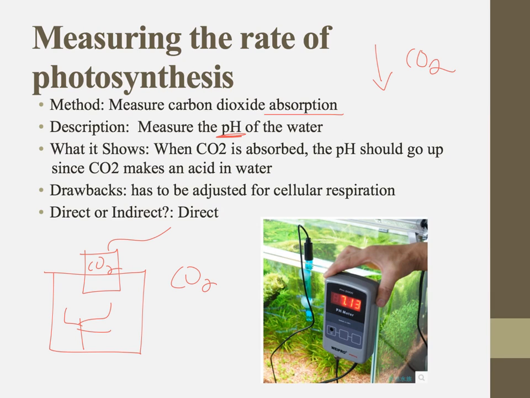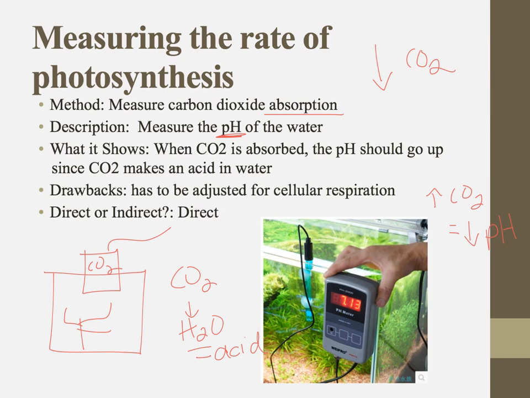Carbon dioxide, when it gets absorbed into water, makes an acid. So when I have a lot of carbon dioxide in there, I'll write this over here, a lot of carbon dioxide equals a drop in pH. Now, as plants absorb that carbon dioxide, the pH should start to go up.